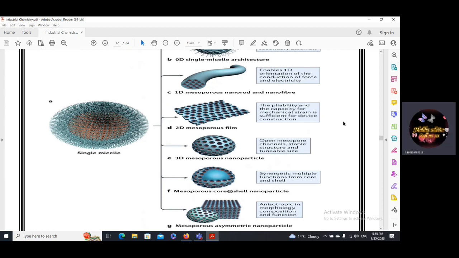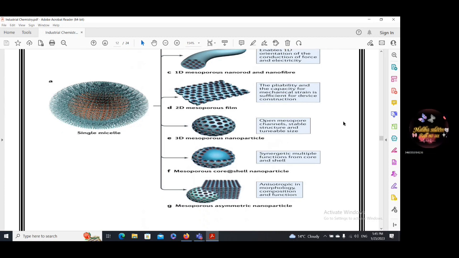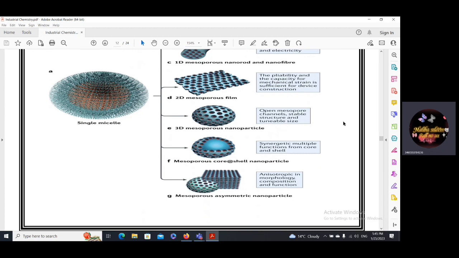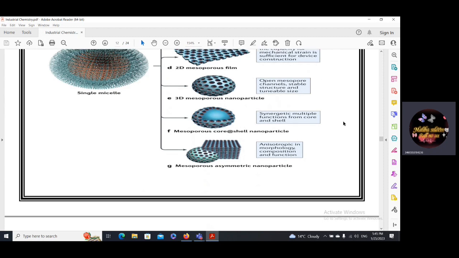Number four, 3D mesoporous nanoparticles, open mesoporous channels, stable structures, and tunable size. Number five, mesoporous core-shell nanoparticles, multiple functions from core-shell synergic mesoporous. And the last one is mesoporous asymmetric nanoparticles, anisotropic in morphology, composition, and function.